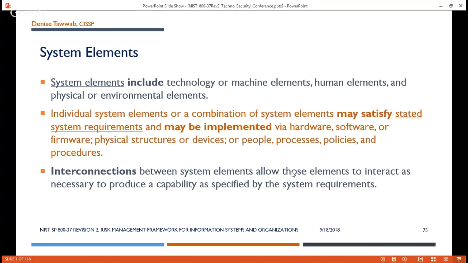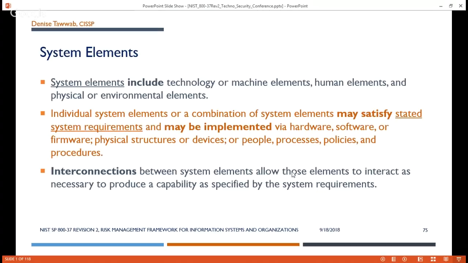Okay, what are your system elements? System elements include technology or machine elements. It includes people or human elements and physical or environmental elements. Individual system elements or a combination of system elements may satisfy stated system requirements and may be implemented via hardware, software, or firmware, physical structures or devices, or people, processes, policies, and procedures.